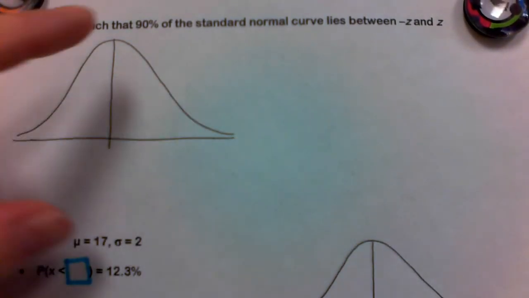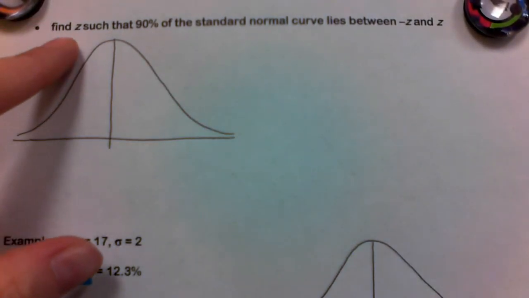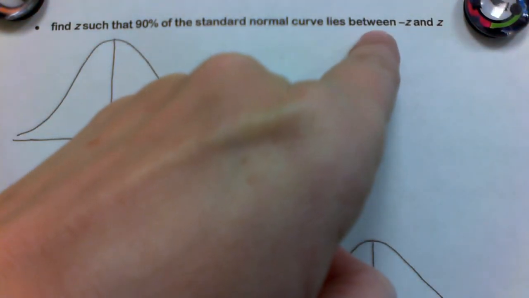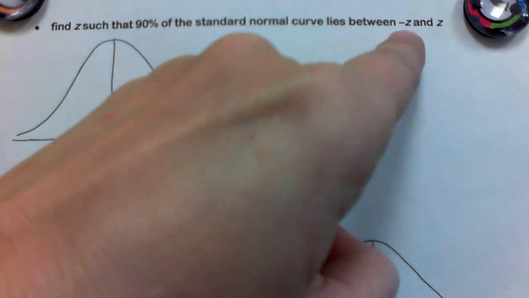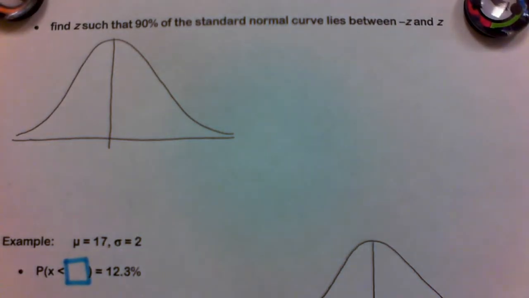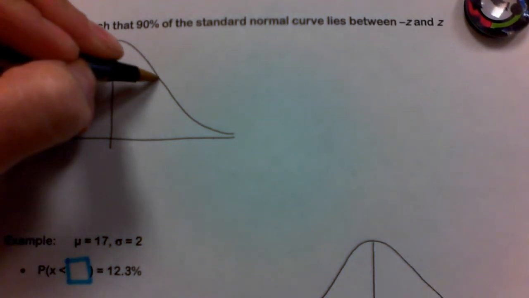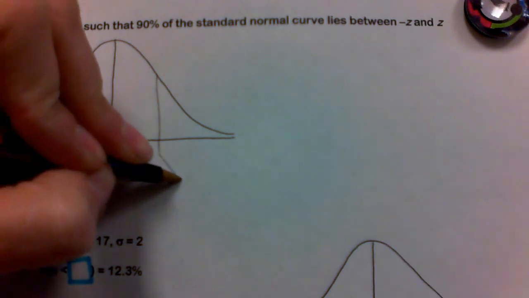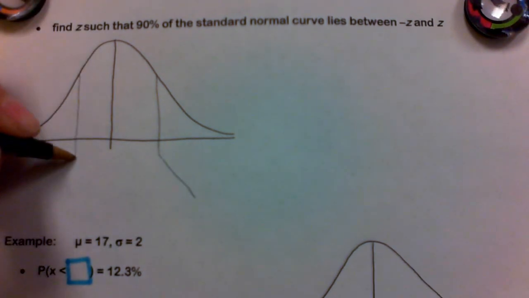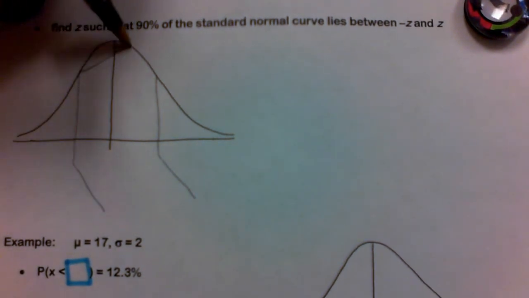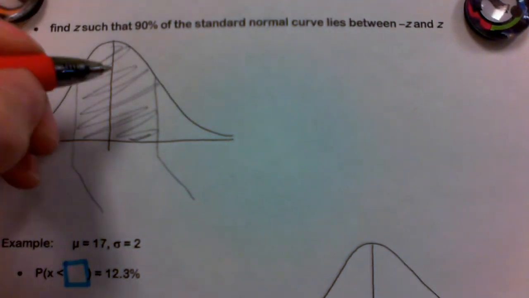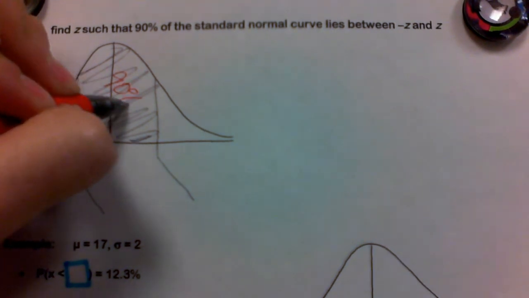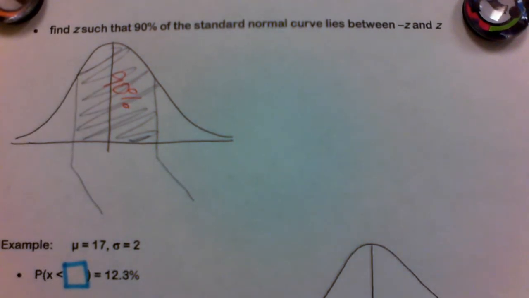And that is when, again, we're finding z, but now it is going to tell us the amount that falls between z and negative z. Now, it will fall symmetrically, so when it tells me 90%, what it's telling me is this in here is 90%, and it's symmetrical.